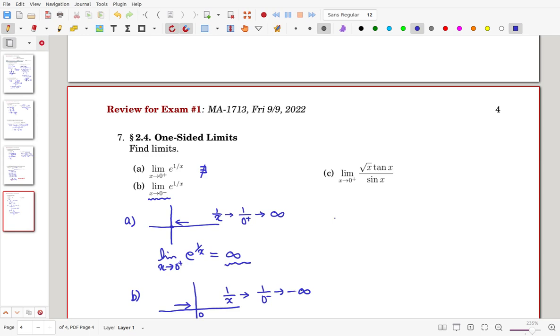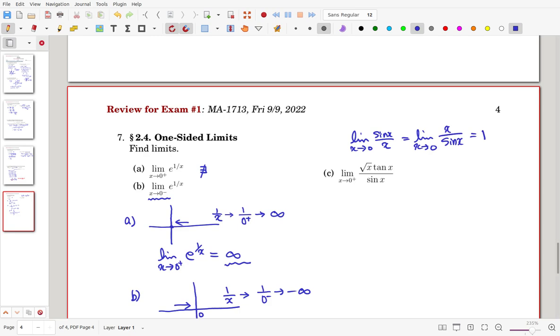Now we'll go to this problem. x approaches 0 plus, and now we try to find the limit. For this problem we'll use the limit as x goes to 0 of sine x over x, or its reciprocal, the limit as x goes to 0 of x over sine x, which is 1.